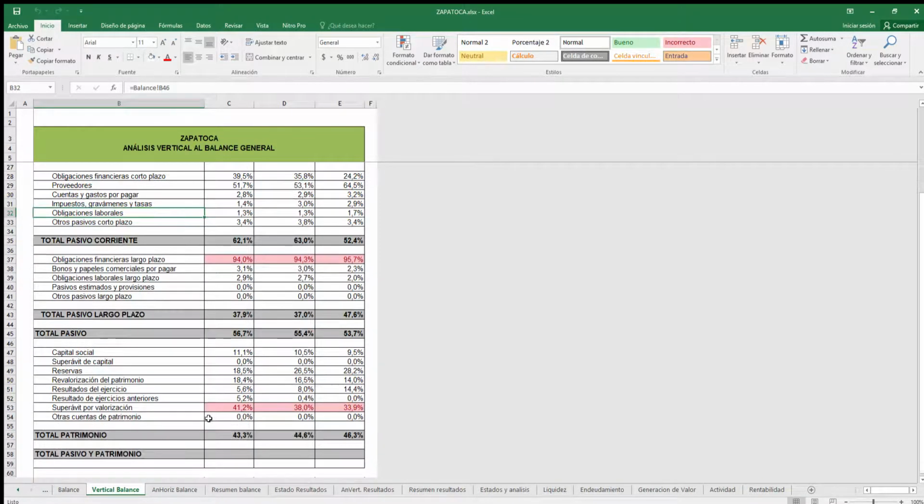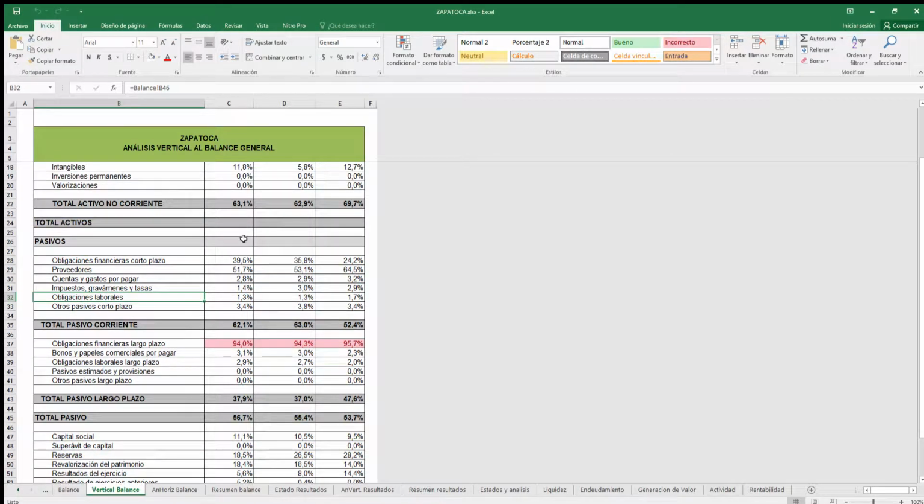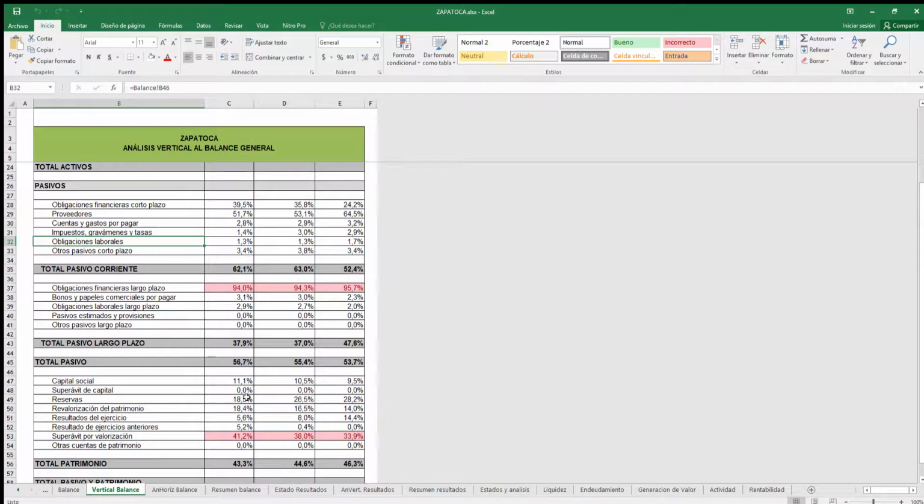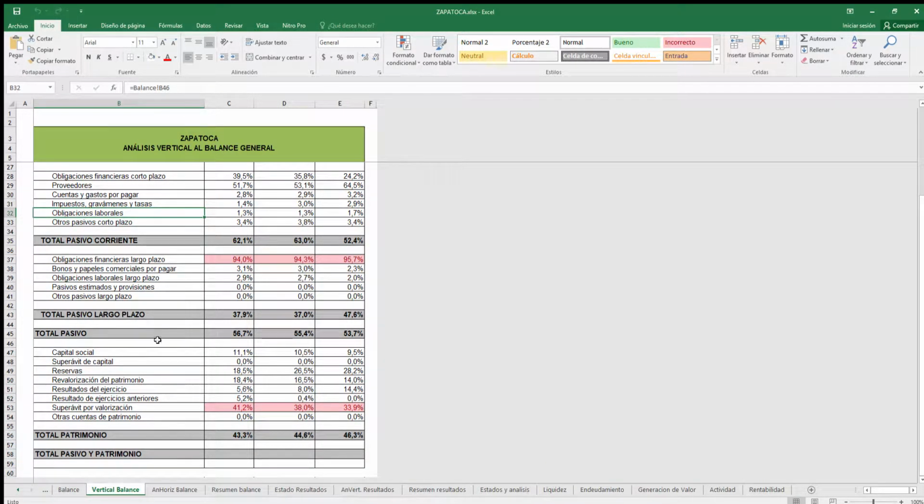The same with the liabilities, the current and the long-term liabilities, and also the patrimony.